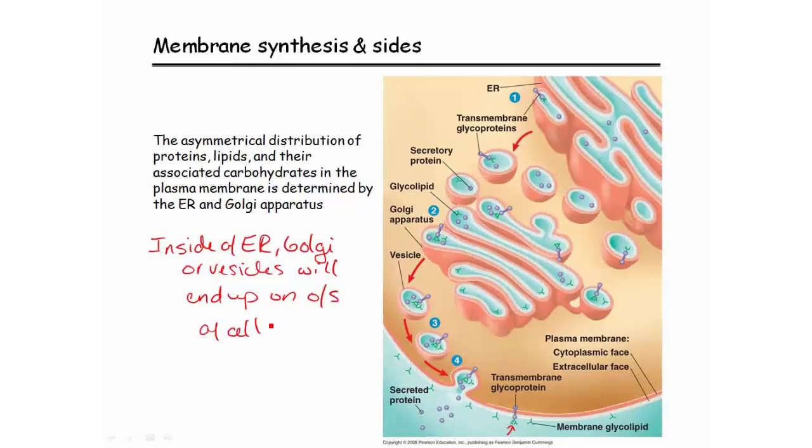It pays attention to that, and when those proteins are initially inserted in the membrane way back in the ER, they are inserted in the proper orientation to make sure that whatever is supposed to end up on the outside of the cell or outside of the plasma membrane will, and whatever is supposed to end up on the inside will end up on the inside. If it doesn't happen like that, then we have essentially wasted our time, and we would have to completely remake that particular protein.